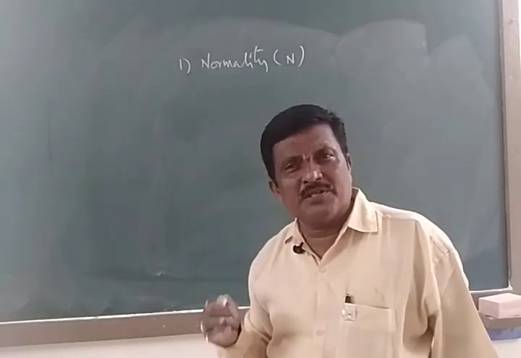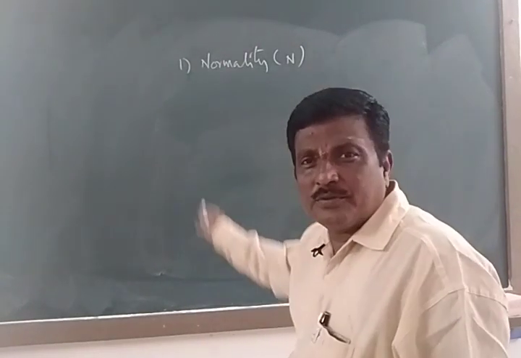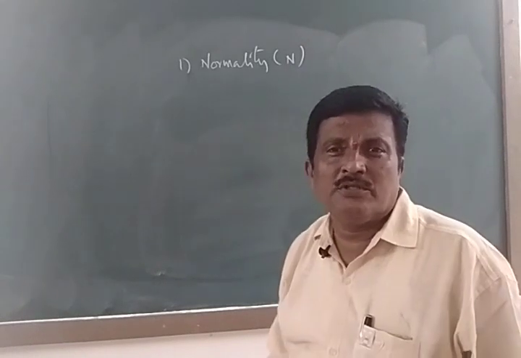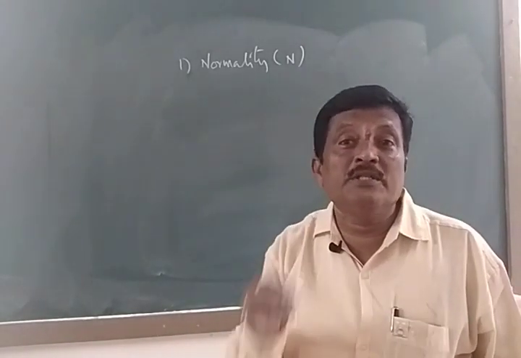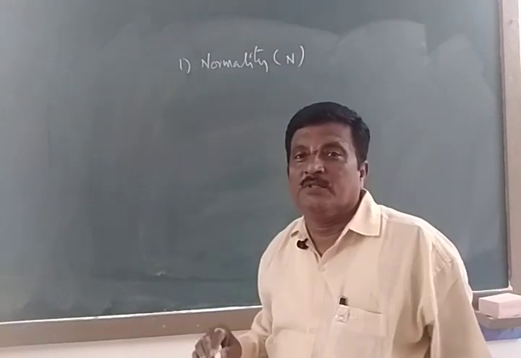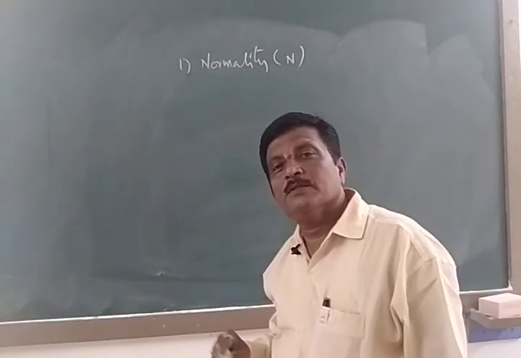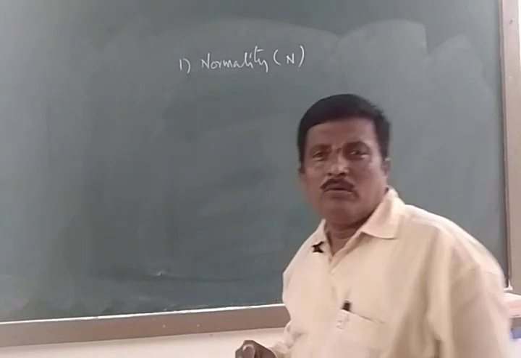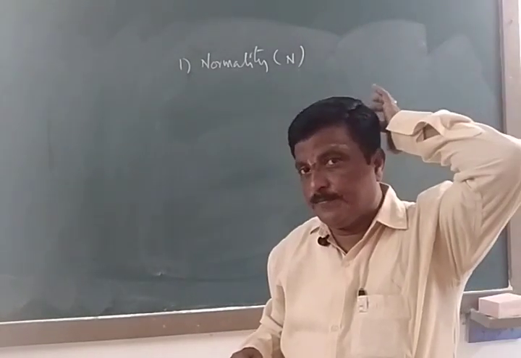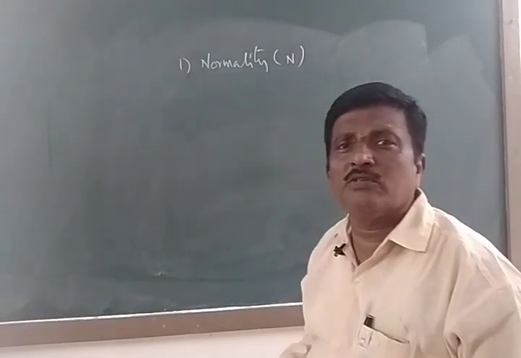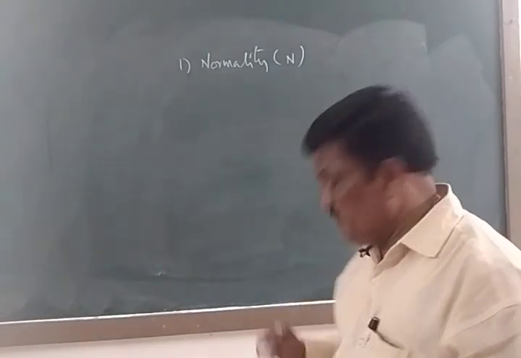That we already studied in the first year. All the terms I just now wrote on the board, we have studied in the first year, in the first chapter itself, in concepts. Once again, I am going to highlight all these terms, isn't it? Now let us start with what is the normality of a solution. Very simple.